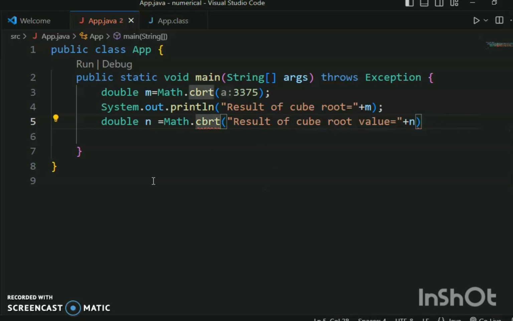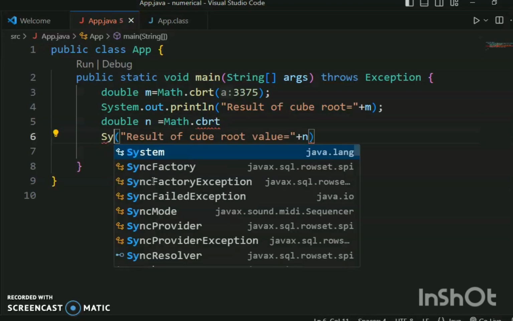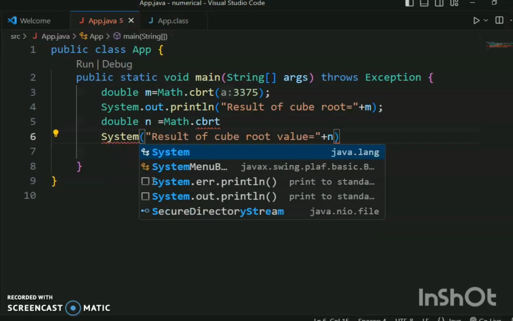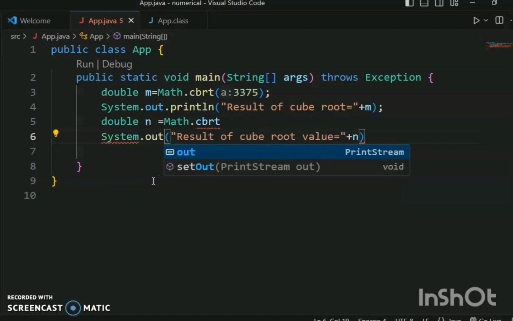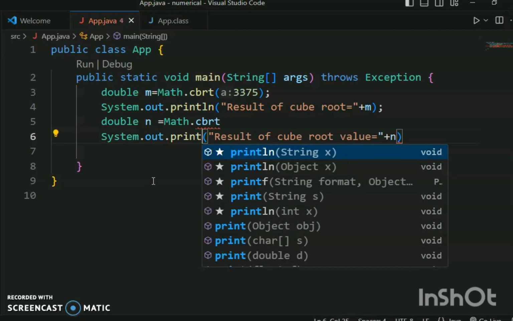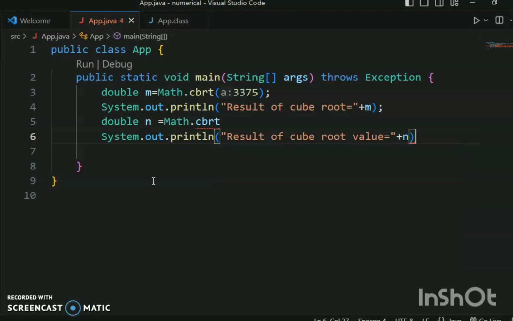This portion is a little wrong, it should be System.out.println. Next, for cbrt we can write any number, suppose 27.